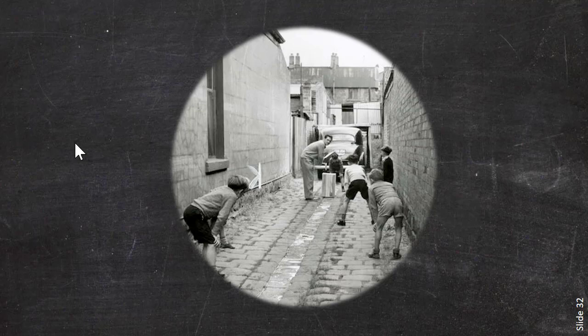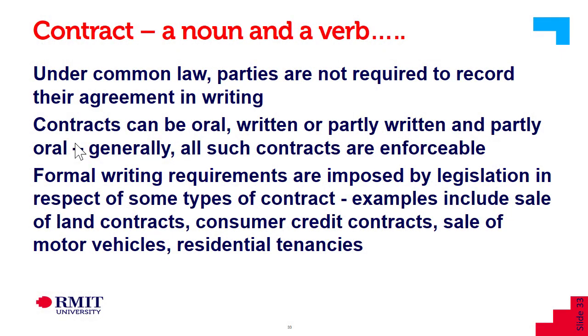And I think thinking about the purpose of a contract is probably more useful to you in looking at the big picture view than thinking about each of the elements. The other thing, I started saying this before, the word contract is both a noun and a verb. We are involved as lawyers with the noun.